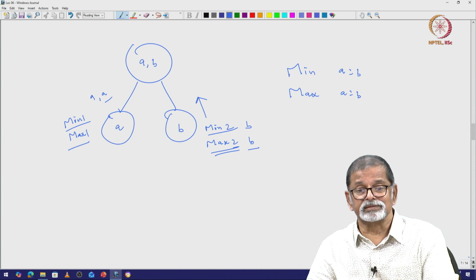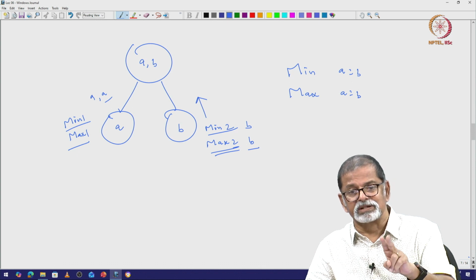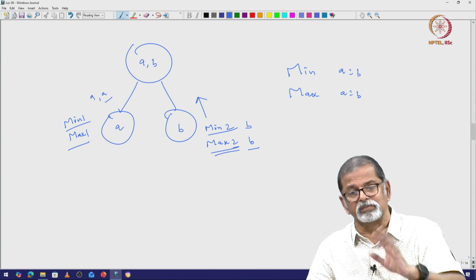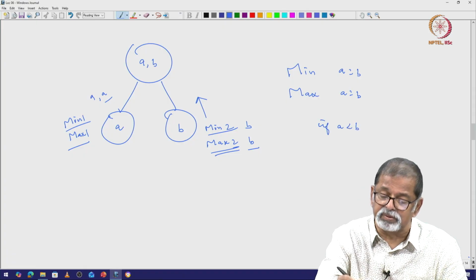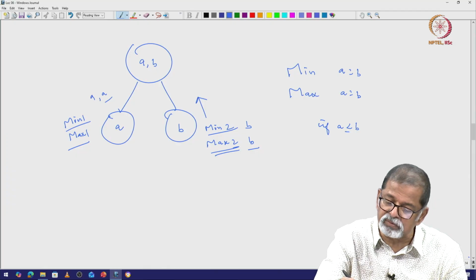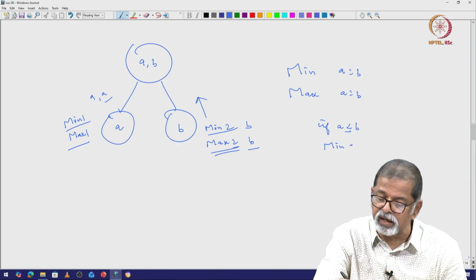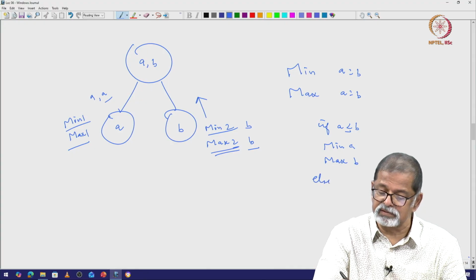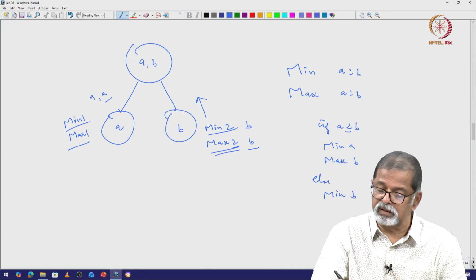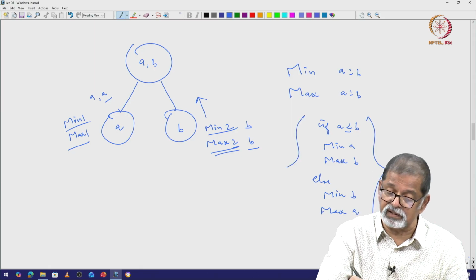Unnecessary, because when you have two elements, one comparison is enough to find both. So, if A is less than B or even less than or equal to B, min equal to A and max equal to B, else min equal to B and max equal to A. One comparison is enough.